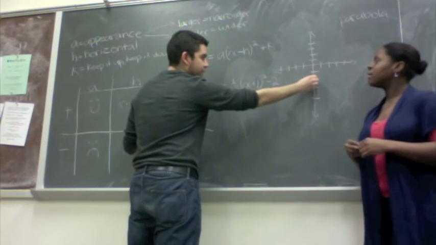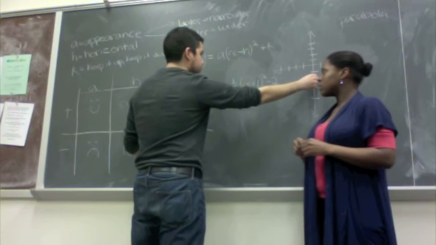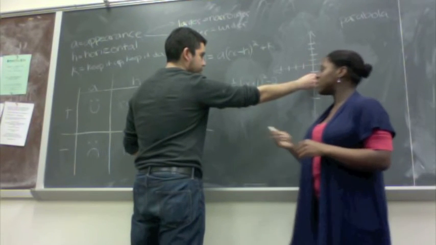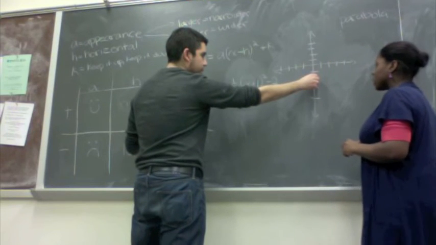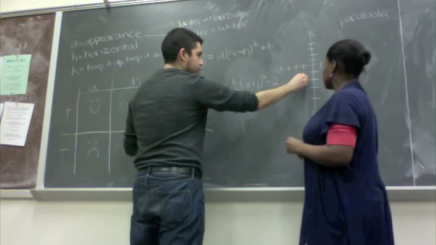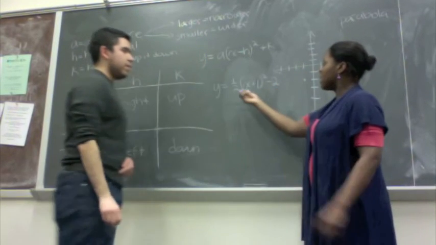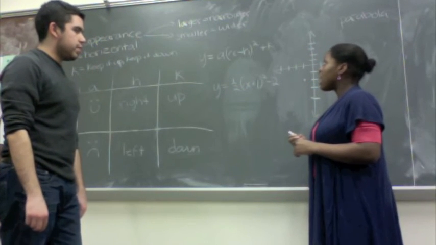So now let's go to h. What does h stand for? h is horizontal. And is it positive or negative? It's negative. Good. So which way are you going to move? Negative, or left 1. Good. Now, a is positive or negative? Positive.